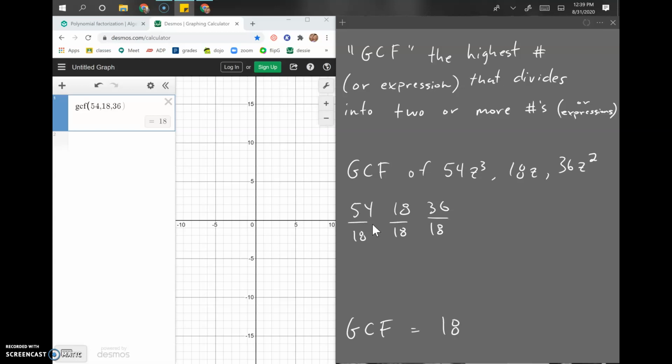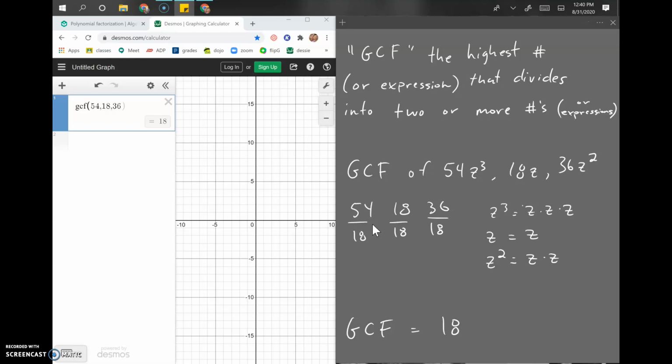Now the variable portion, we've got z to the third, which is the same thing as z times z times z. The second expression has just a z. And then we've got z squared, which is the same thing as z times z. For this portion, we're just trying to figure out how many z's can we pull out of each of them. How many do they all share?